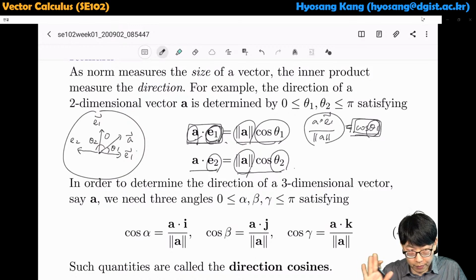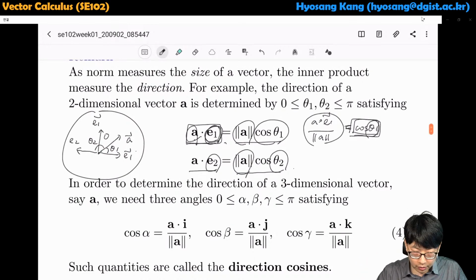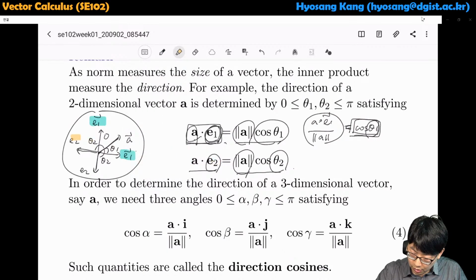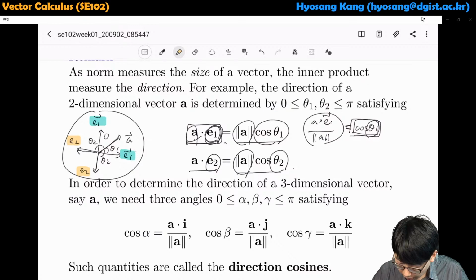When I take the inner product with E2, this theta 2 could be the angle between these two vectors or these two vectors. So now we have possibilities. E1 could be either this one, or E2 could be either this one. Oh, sorry, that cannot be this one.